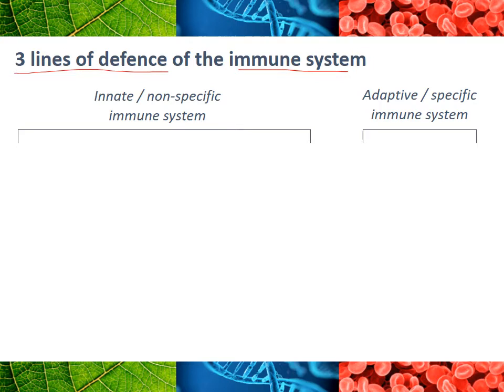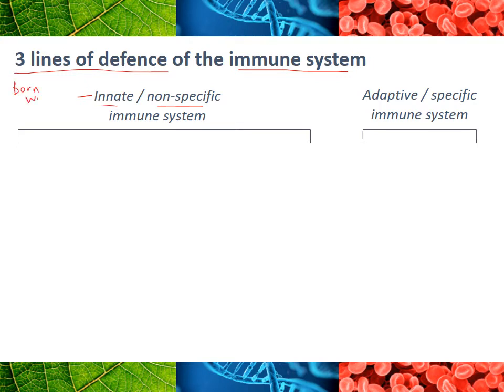You'll notice there's a few terms, and it's really important that you know these. So I've got all the really important terms on this slide. So we've got what's called the innate or non-specific immune system. And as we go through this over the next 2 weeks, these terms will make a bit more sense. But basically, if something is innate, it's something that you're born with.